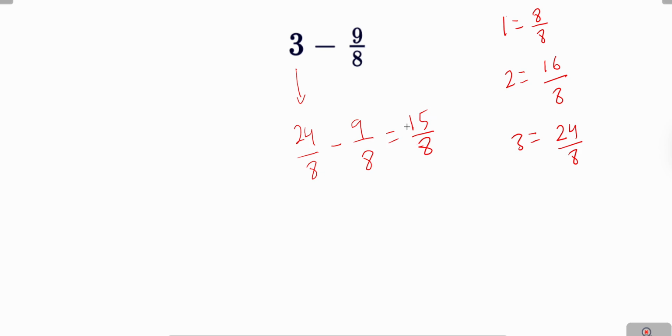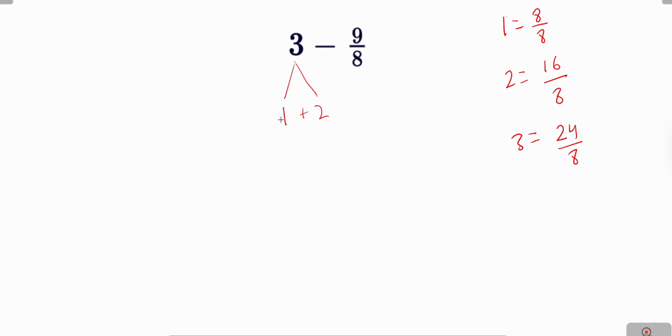Another way that we could have looked at this is we could also have said we can break this up as 1 plus 2.